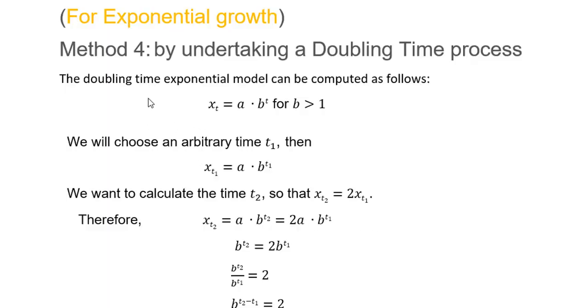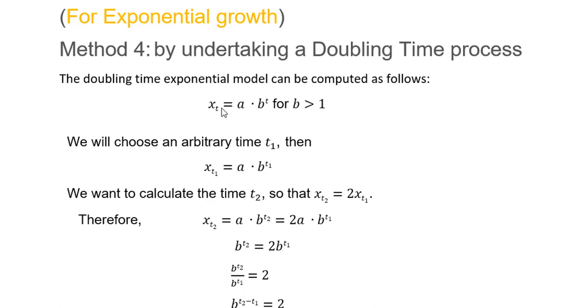In this video, I will show you how to find the exponential model by undertaking a doubling time and half time process. The doubling time exponential model can be computed as follows.